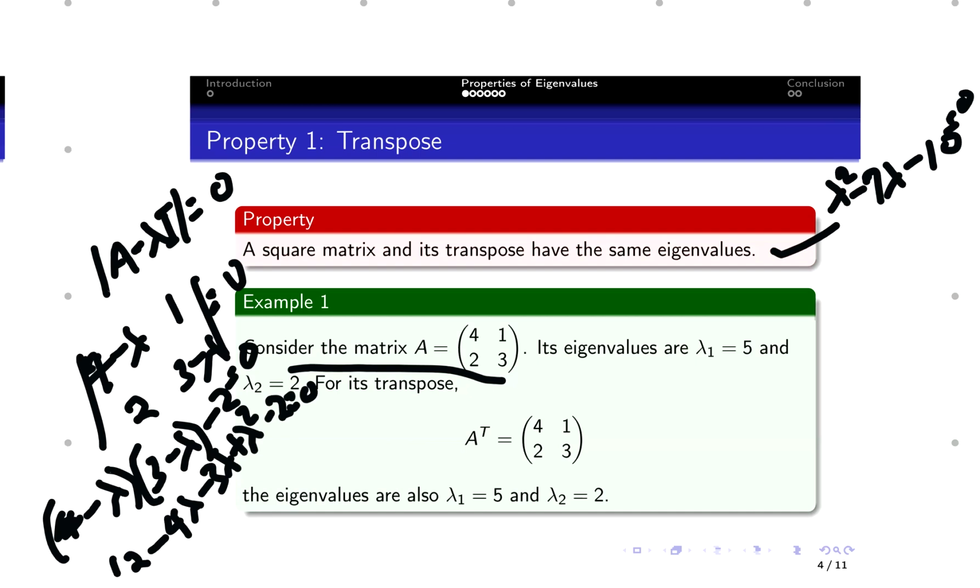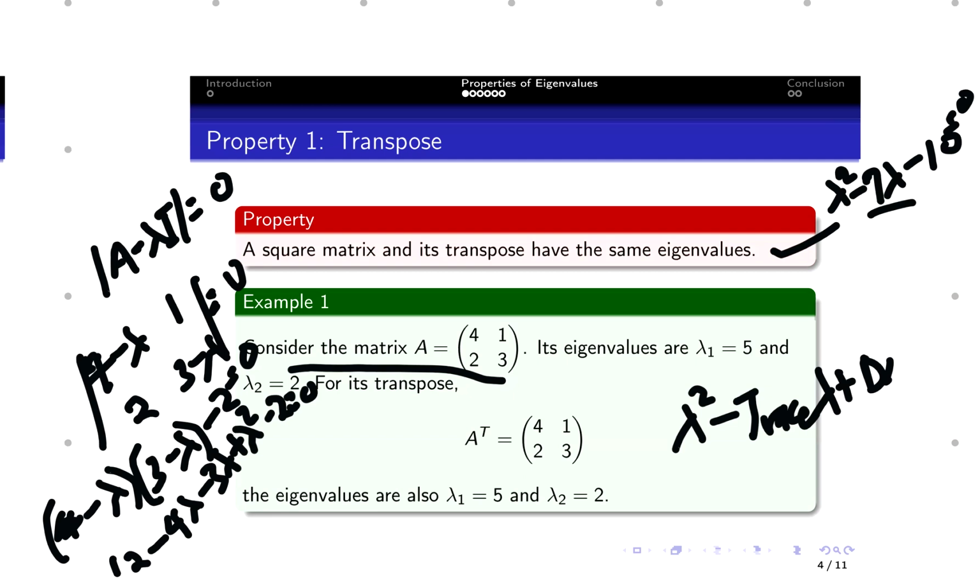You'll discover that it's the same thing as lambda squared minus the trace of the matrix, that's the addition of the numbers on the principal diagonal, 4 plus 3, that's 7, times lambda, plus 10. And 10 is the determinant: 4 times 3, 12, minus 2, that's 10. So you have lambda squared minus trace lambda plus the determinant equals 0.